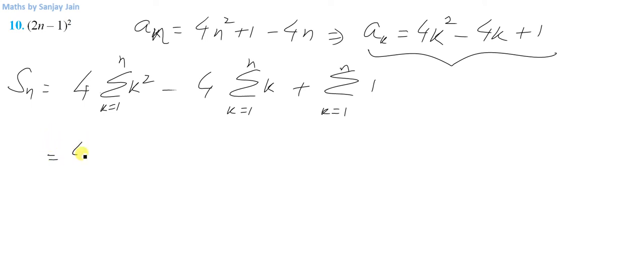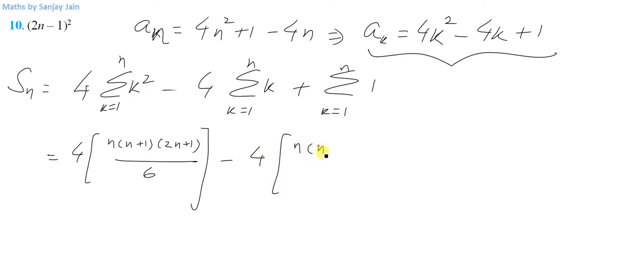Alright, this is 4 into n into n plus 1 into 2n plus 1 by 6, minus 4 into n into n plus 1 by 2, and this is 1 plus 1 plus 1 n times, so I'll write n. Now just the simplification part is left.